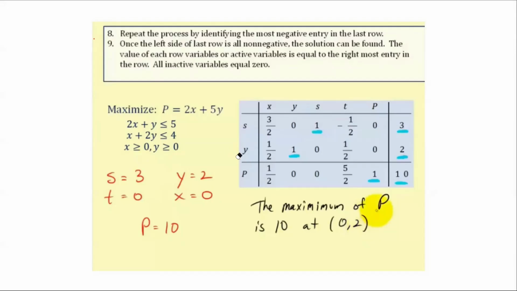S is 3, Y is 2. Those are the 2 conditions. T is 0, X is 0. And I think that would give you a max.